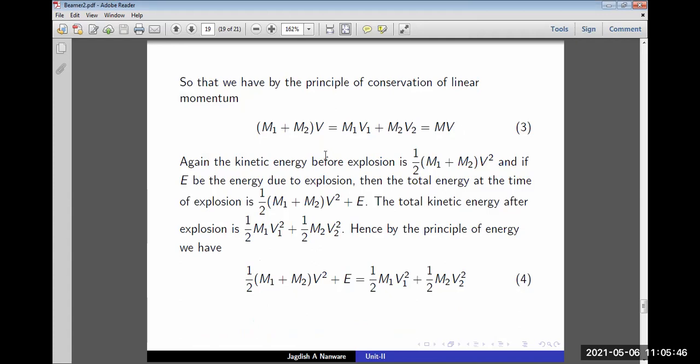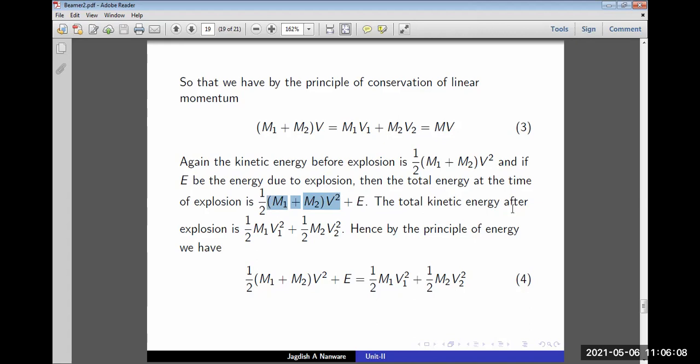And what is the kinetic energy before explosion? Half into mass of the particle into square of the velocity. And if E is the energy due to explosion, then the total energy at the time of explosion is obtained by adding that additional energy to the earlier kinetic energy at the initial stage.